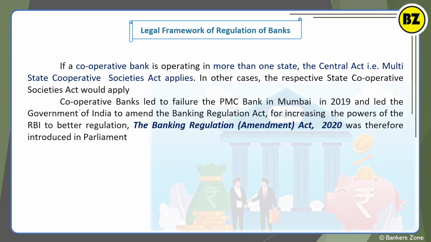Now, a cooperative bank failure, say PMC Bank in Mumbai, you are very much aware, right? There was a lot of uproar when PMC Bank failed in Mumbai. That was one of the biggest setbacks in the banking industry, because this Punjab and Maharashtra Cooperative Bank was a very famous bank.